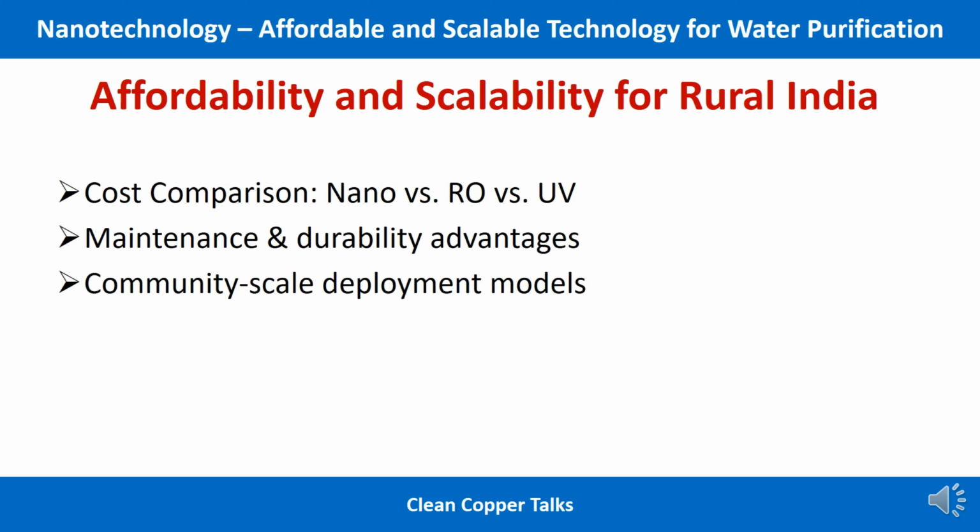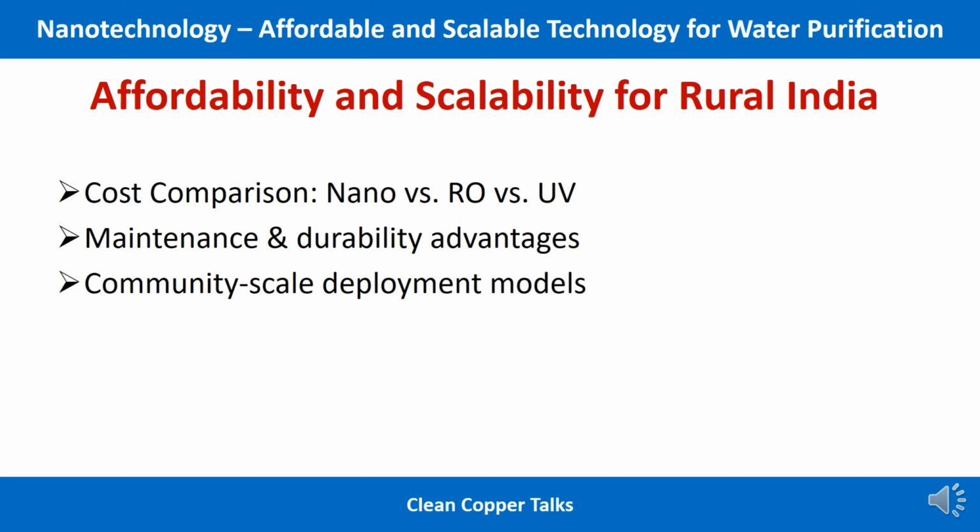The water recovered in nanofiltration is 80 to 90%. In UV it is 100% because there is no membrane, there is no rejection, and in RO it is 50 to 80%. While the maintenance required for nanofiltration ranges between 3 to 7 years, in UV treatment it is every year, and in RO it is 3 to 5 years.